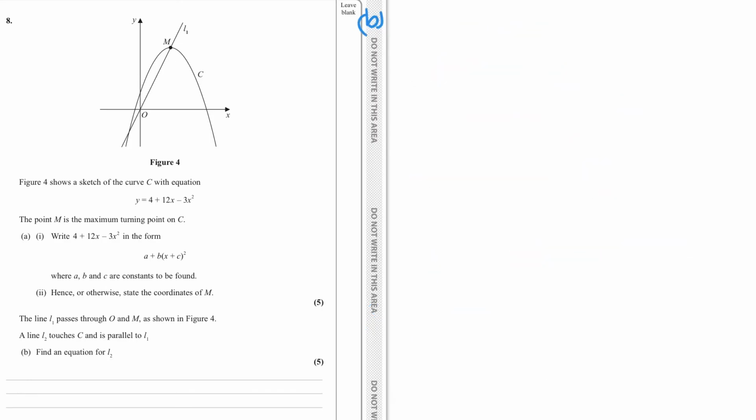Okay, part B is interesting. So we can see that L2 is what we want to find, and it's parallel to L1. So all we need from L1 is the gradient. So we know that the coordinates are 2, 16 and 0, 0. So let's find the gradient of L1.